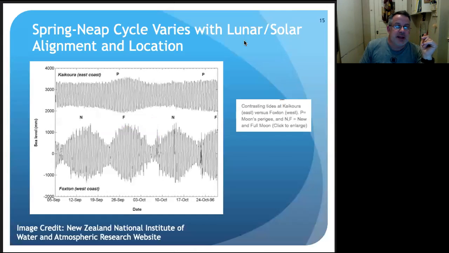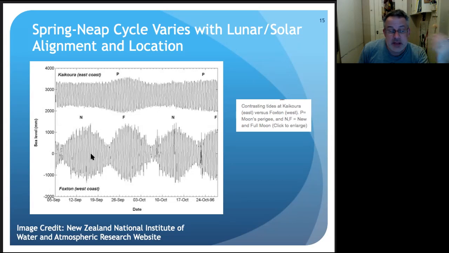And so the spring neap cycle varies with the lunar and solar alignment and your location. In some places, this is 2 different locations in New Zealand. Some places really don't show much variation with spring and neap at all, whereas other places have huge variations between spring and neap.